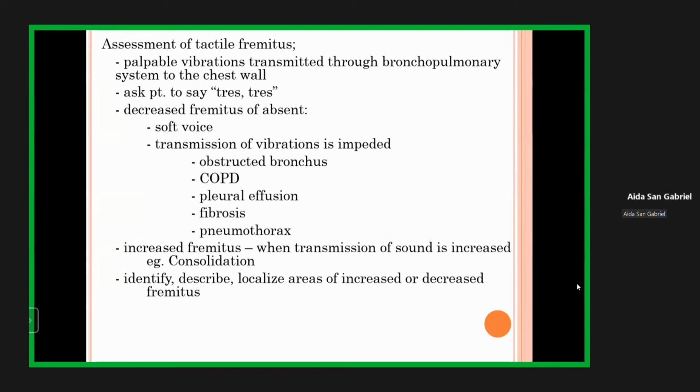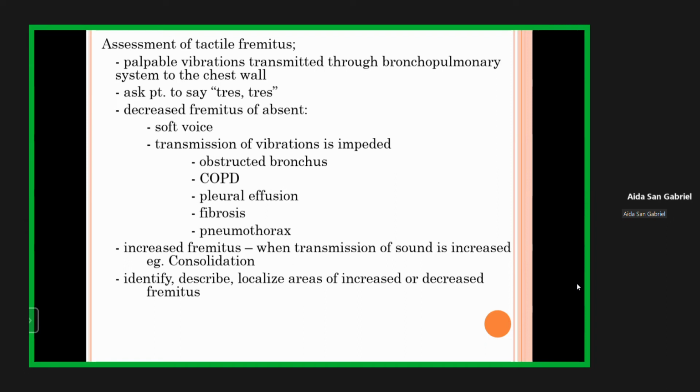In COPD, in emphysematous patients, for example, there is decreased fremitus. Pleural effusion, fluid will hinder the transmission of vibrations. Fibrosis and pneumothorax, the presence of air in the pleural cavity, will also hinder the transmission of vibration.